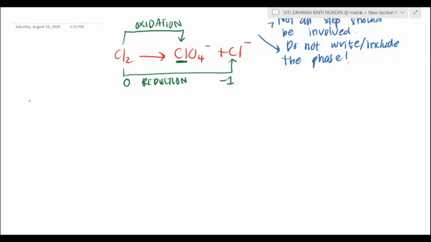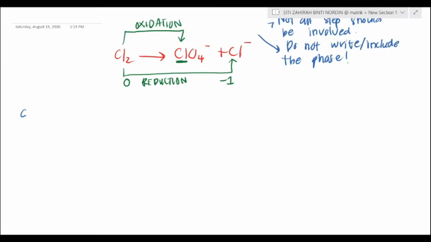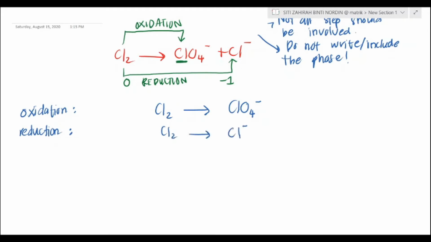Alright, so first step, write your half equation. I just give it some space. So for oxidation, the half equation would be Cl2 to form ClO4 minus. A reduction would be Cl2 to form Cl minus.